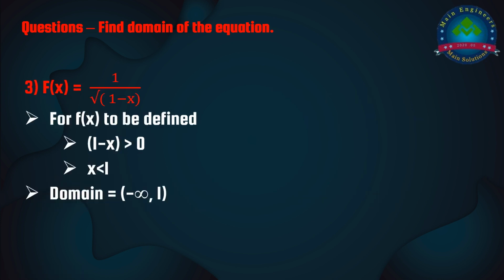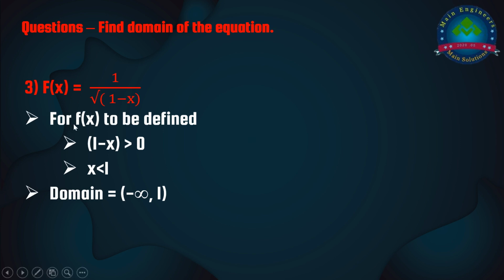So here comes another question, question number 3. f(x) is equal to 1 divided by √(1 − x). As we know, if there is a root in the question, then the root is always going to be non-negative, and if the root is in the denominator, then the expression should be greater than 0.